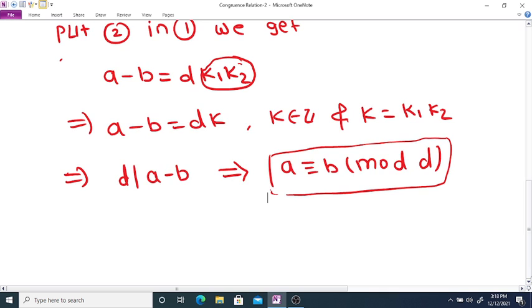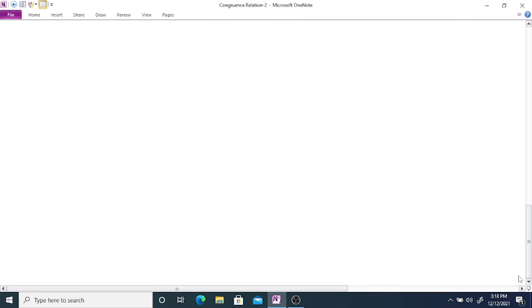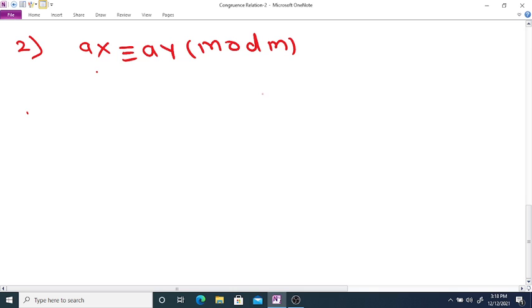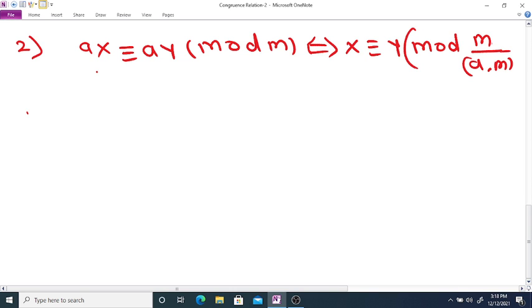Now next, property number 2. Ax congruent to Ay modulo m if and only if x is congruent to y modulo m by GCD of a, m.